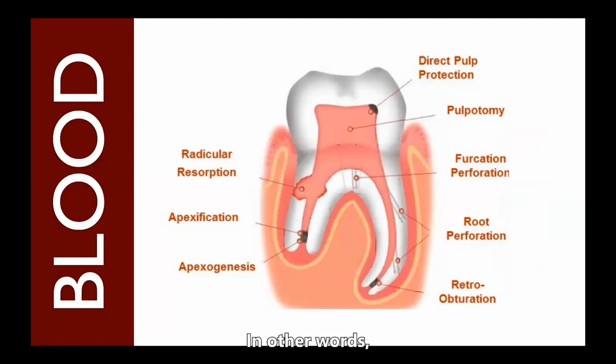In other words, it can be applied successfully to the site adjacent to soft tissues containing blood or tissue fluid. Therefore, it can be used for root end filling, perforation repair, root resorption repair, apexification, and vital pulp therapy.